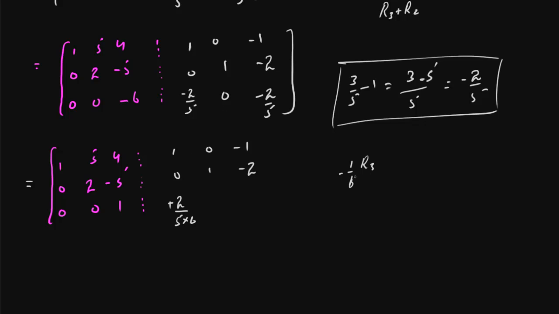After that one, 0 with minus 1 over 6 will be 0, and we will have minus 2 over 5 multiplied by 1 minus 1 over 6.